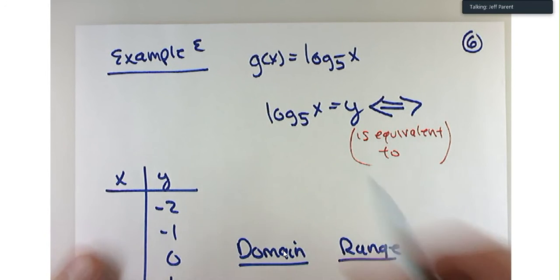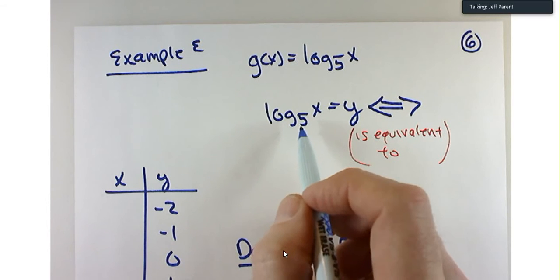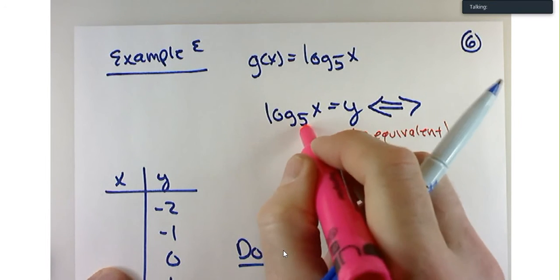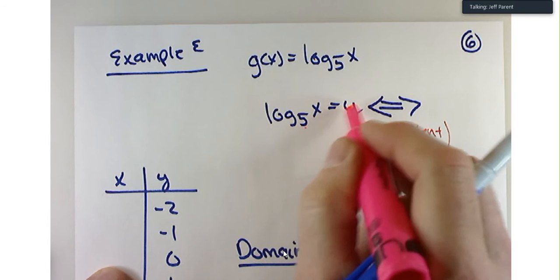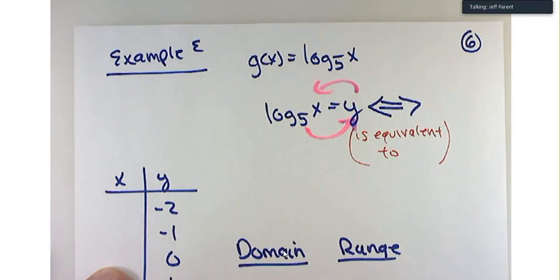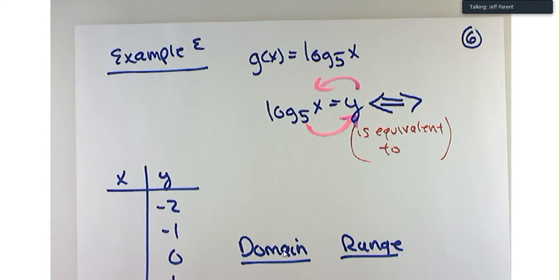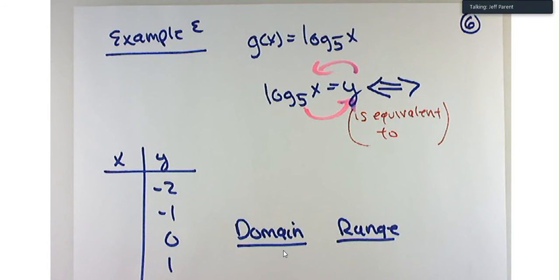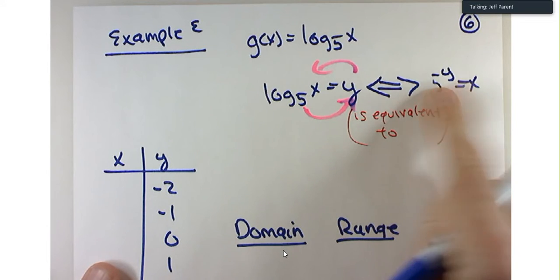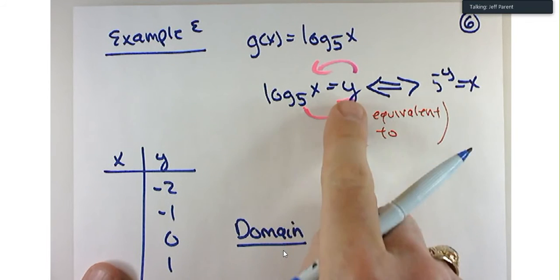What I would suggest is that you take this function and rewrite it: log base 5 of y equals x. Can anyone tell me what that would look like using exponents? What would be the equivalent equation? 5 to the y power equals x. The base to this power equals this.